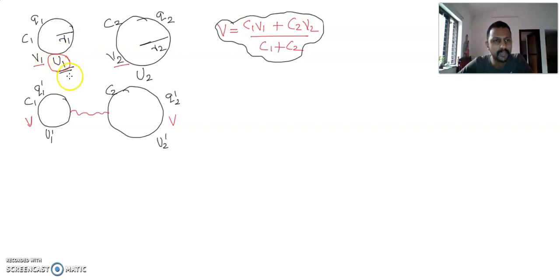What is U1? It was the initial energy of the first sphere. Can we formulate an equation for U1? You have learned three expressions for energy stored in a capacitor, and one of those expressions was half C V square. I'm using that expression over here, and I could write U1 as half C1 V1 square.